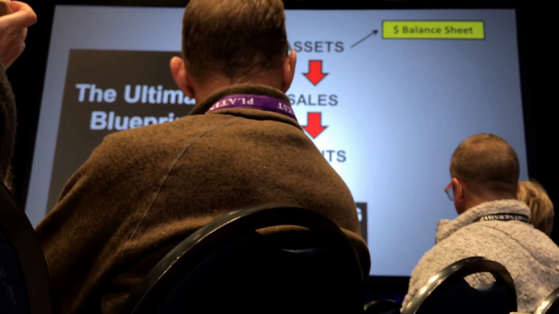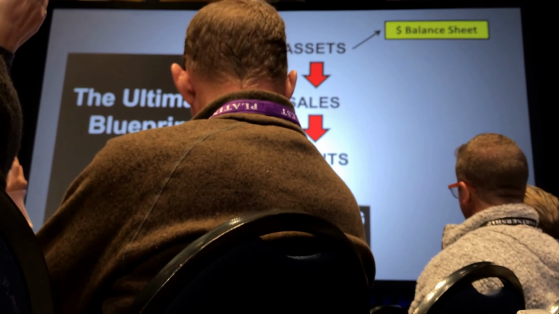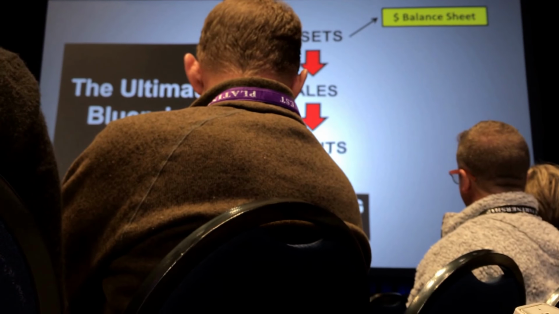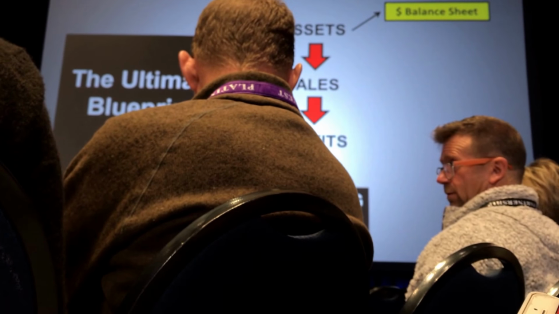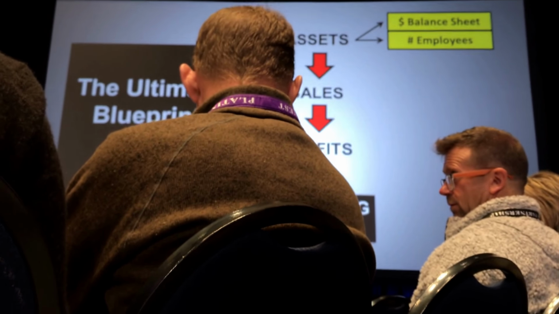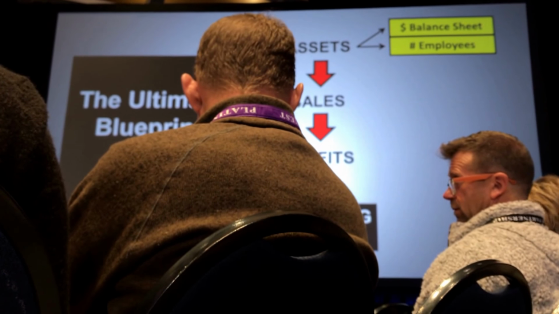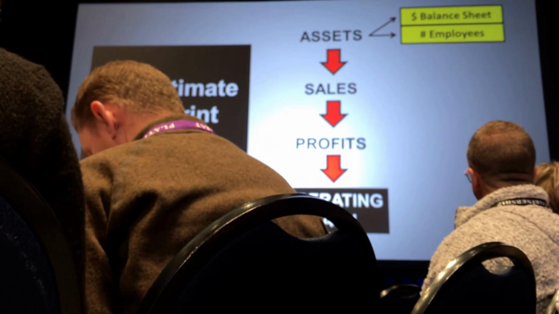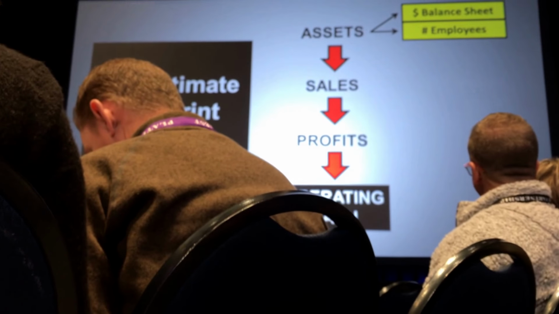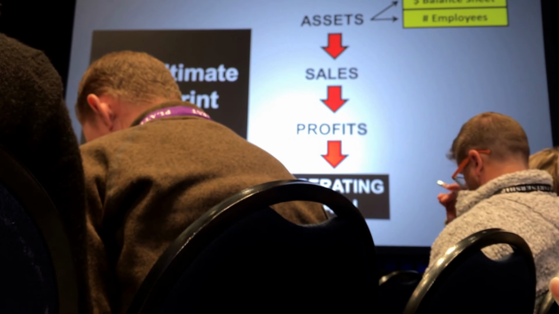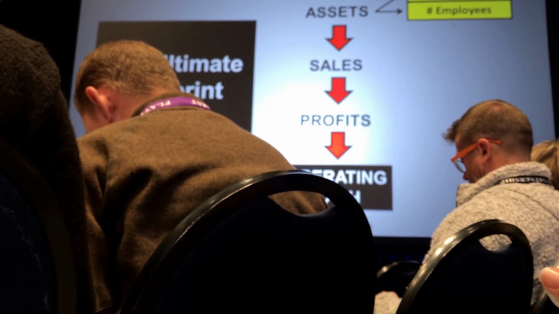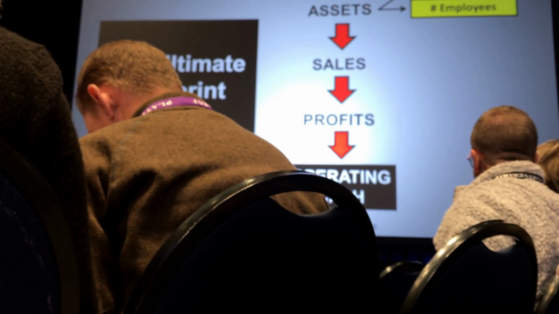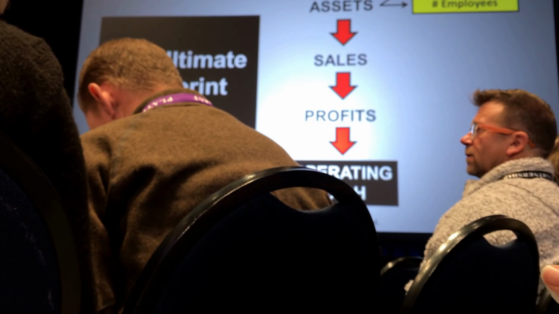It might be you have an asset-light business. There's all kinds of businesses that don't have a lot of assets on their balance sheet. Instead, what they got is employees. So we ought to be measuring as business owners how effectively we're converting the number of employees on our payroll into revenue. That's a critical metric.